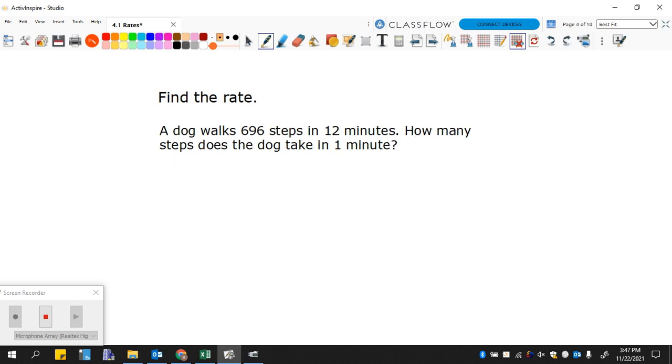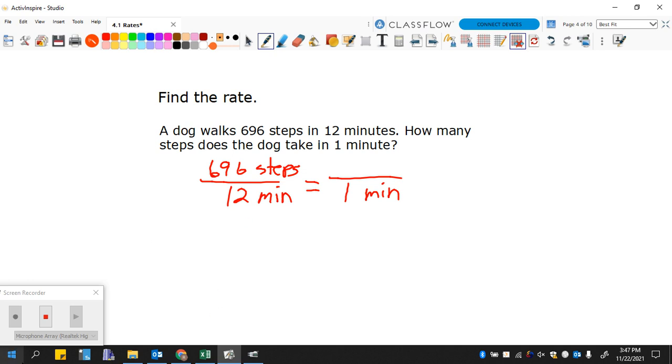A dog walks 696 steps in 12 minutes. How many steps does the dog take in 1 minute? So 696 steps in 12 minutes. We're going to say 696 divided by 12. I'm going to actually use a different calculator than what I've been using.